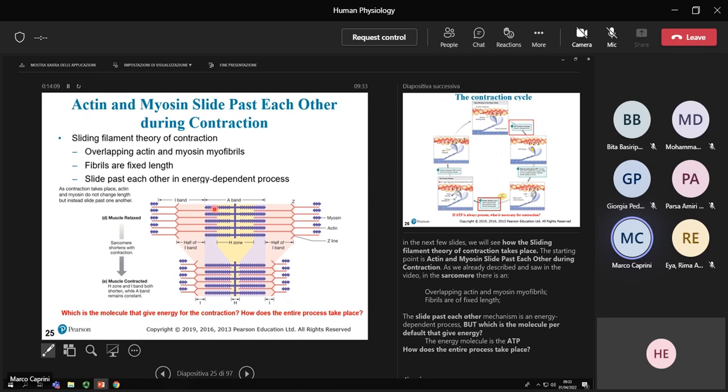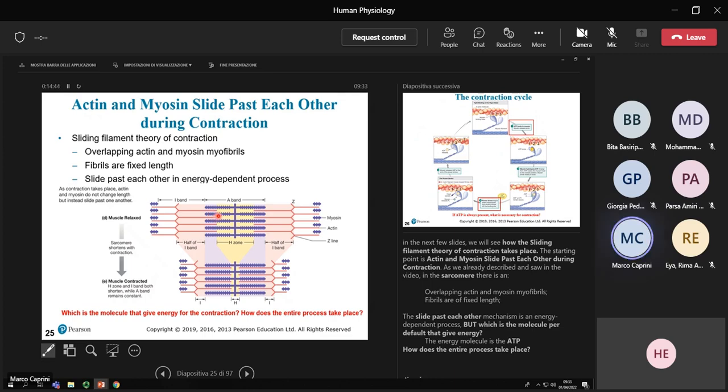As we already described and saw in the two videos before, in the sarcomere there is an overlapping of actin and myosin filaments. They can have a binding between the actin and myosin filaments.